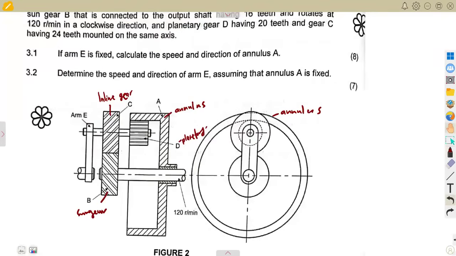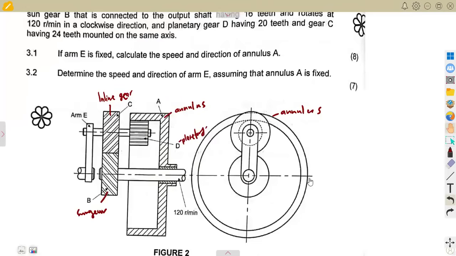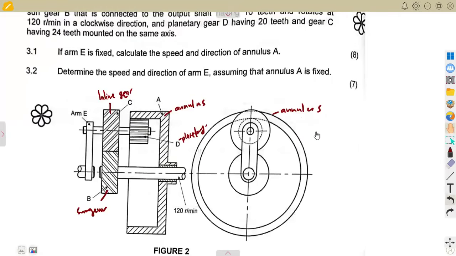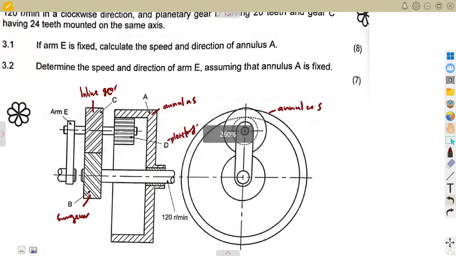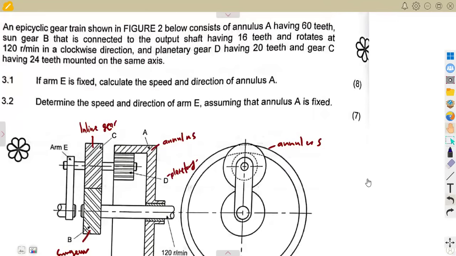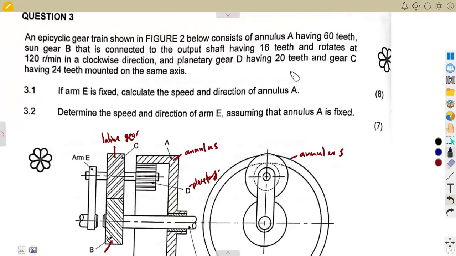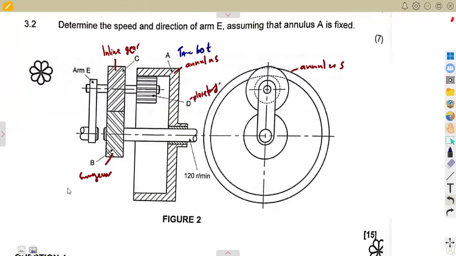So considering the information that we are given in this case, let us just try and have our information aside. All right, A is having 60 teeth. So that is for A, the annulus, is 60 teeth. Then B is connected to the output shaft having 16 teeth, which is TB.